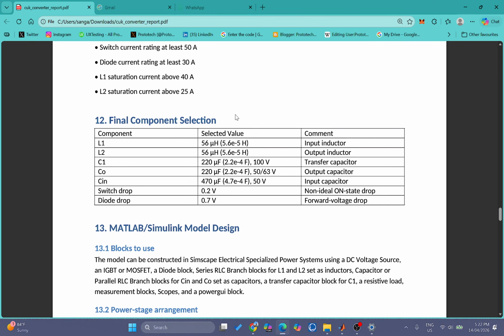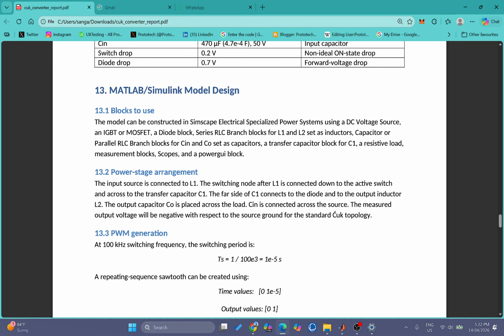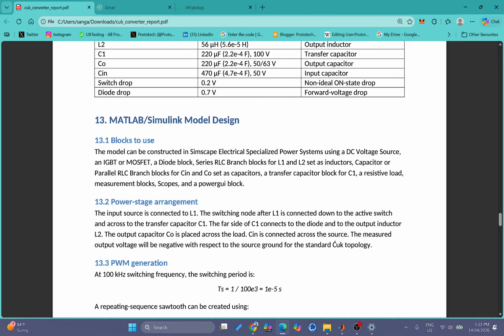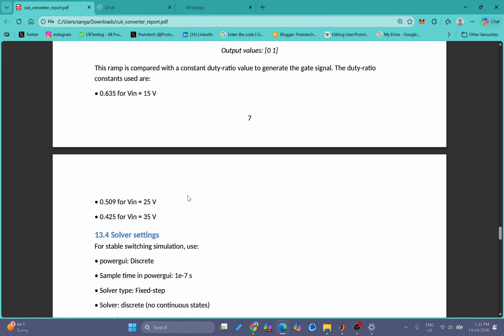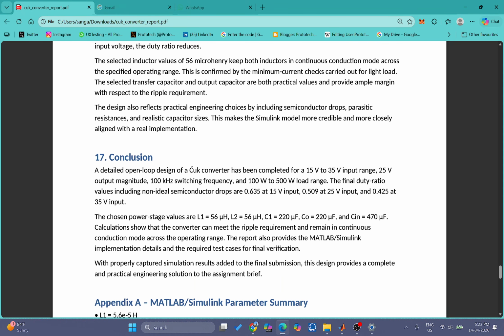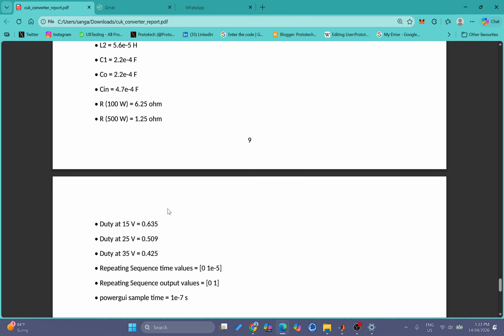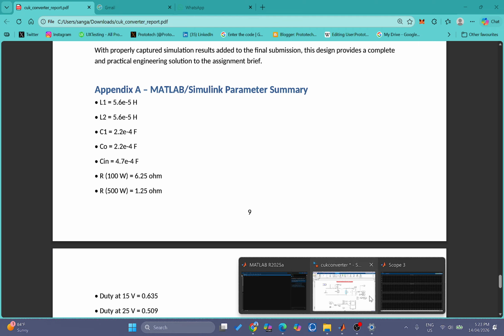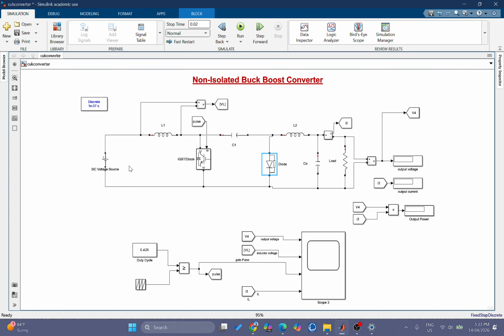Finally, we have the output here. In the MATLAB block, this is how we can use it in MATLAB. Okay, these are the calculations.